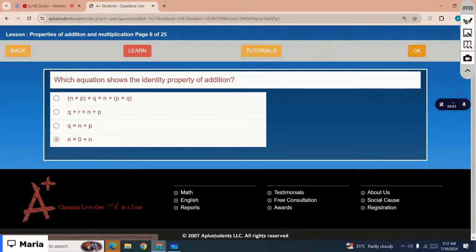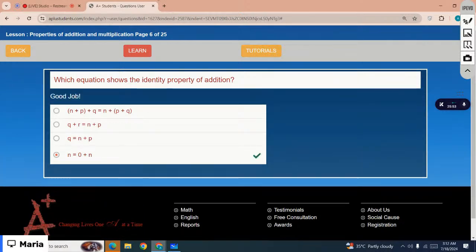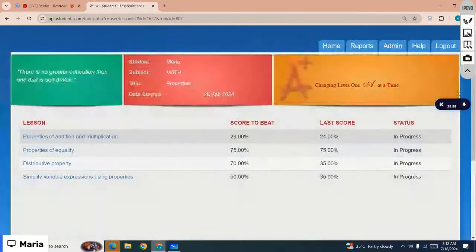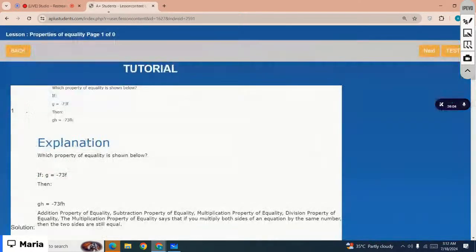Okay, you can complete the lesson by yourself today. Let me just move on to the next lesson, and the next lesson is properties of equality.